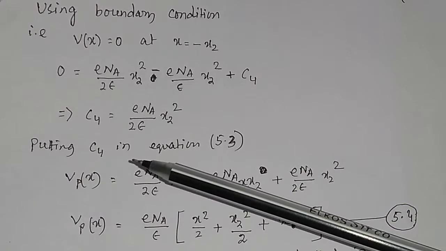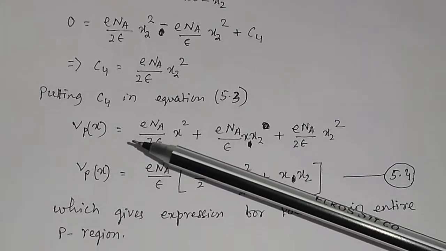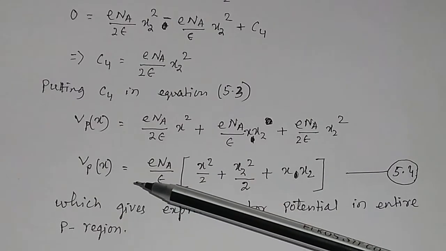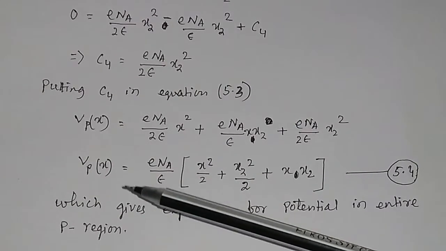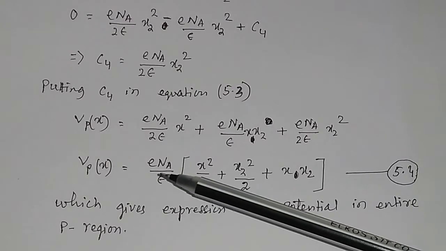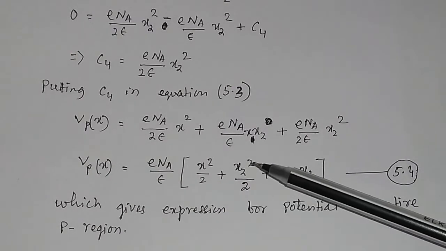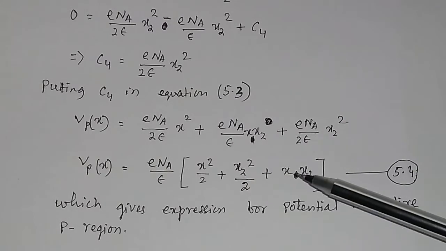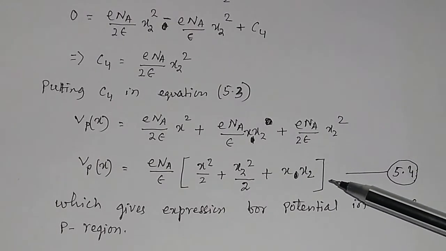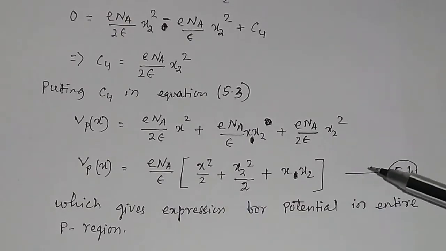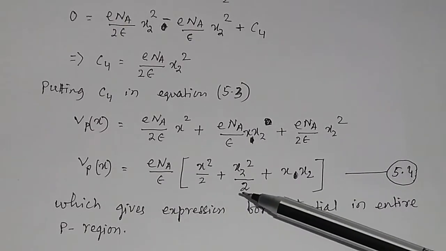If you put the value of C4 in equation 5.3, you will find the expression for the potential for the P region, that is Vpx will be equal to E Na divided by epsilon x square by 2 plus x2 square by 2 plus x into x2. So this equation gives the expression for the potential in the entire P region.